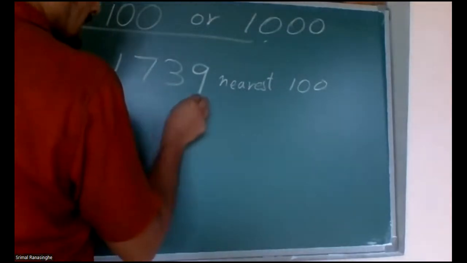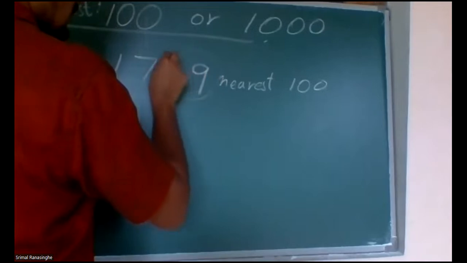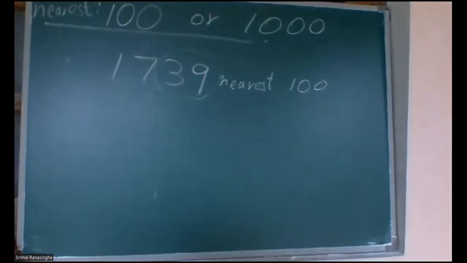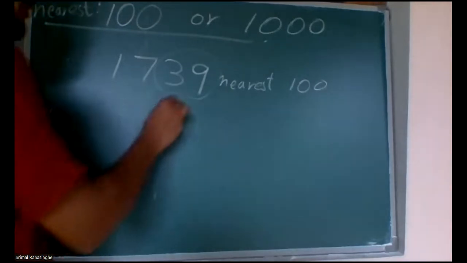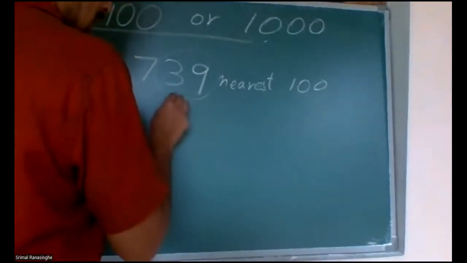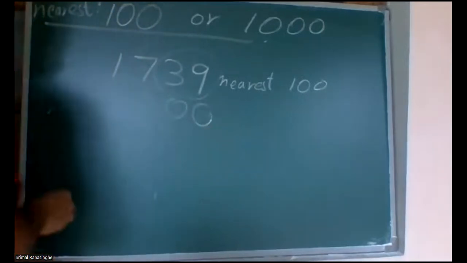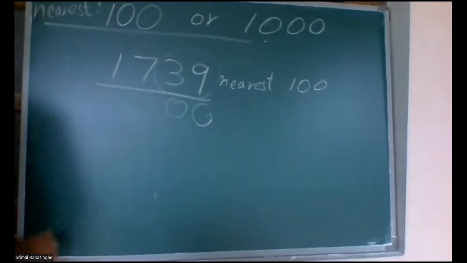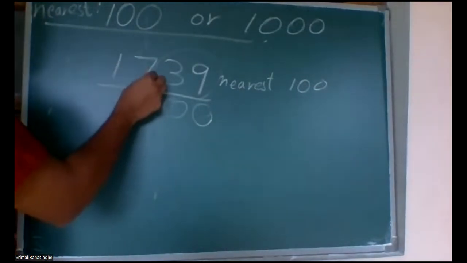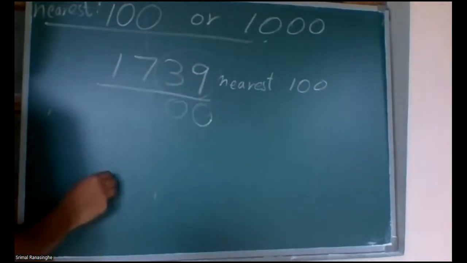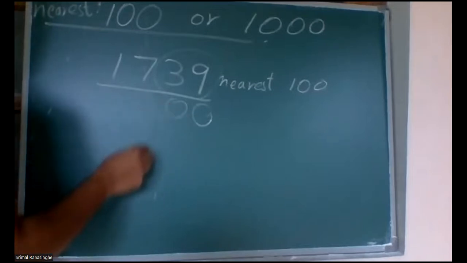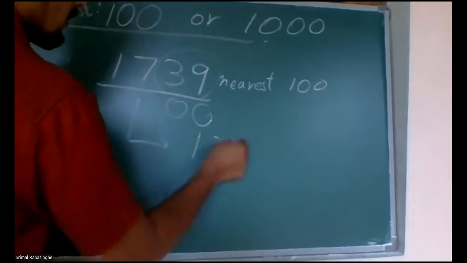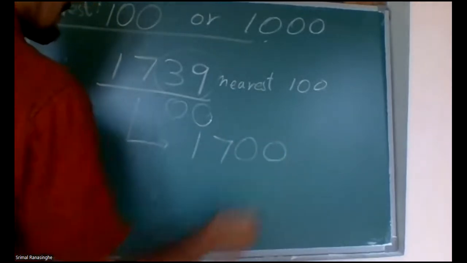How to do it? Nearest 100 means you have to go here 2 digits, right? Nearest 2 digits should be 2 zeros. So what will happen? This number 1739, nearest 100, will equal 1700.